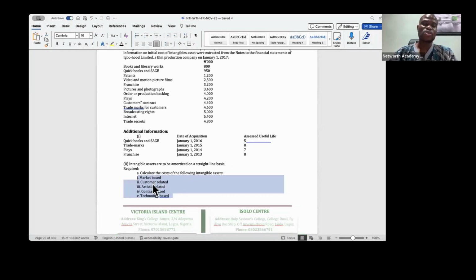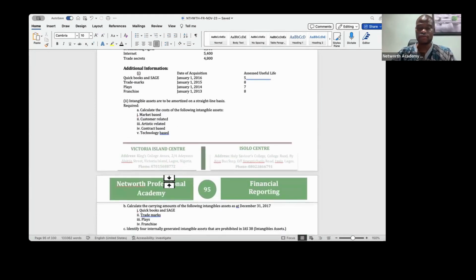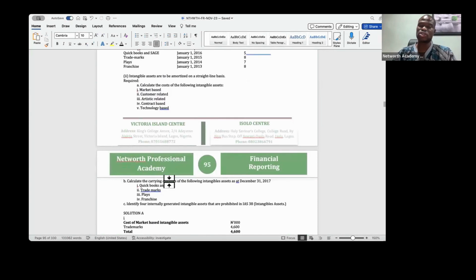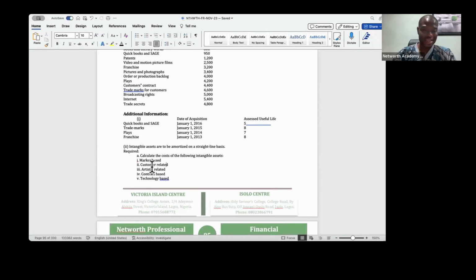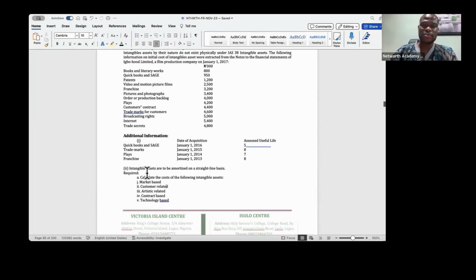So what we did, all students that attempted it, irrespective of where you put any of these, got all their marks. The ones that did not get any mark are the ones that said, I've not seen this before, I don't know it, and just moved to another one or ignored the question. But the ones that attempted and put any item under this classification got their full mark. Okay, so let's look at it together.